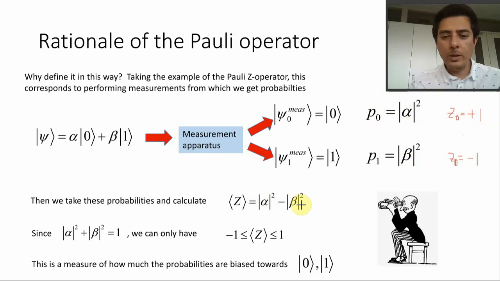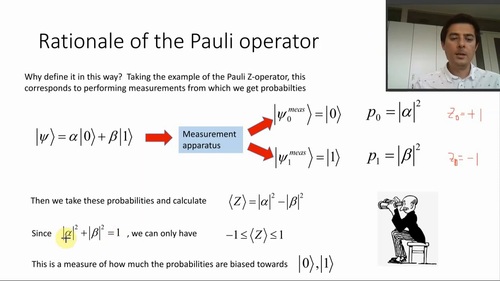So what does this number tell you? Firstly, because we know these coefficients are normalized, and keep in mind that alpha squared and beta squared are both positive numbers, the biggest this could possibly be is 1, because if alpha is bigger than 1, the state is not normalized.